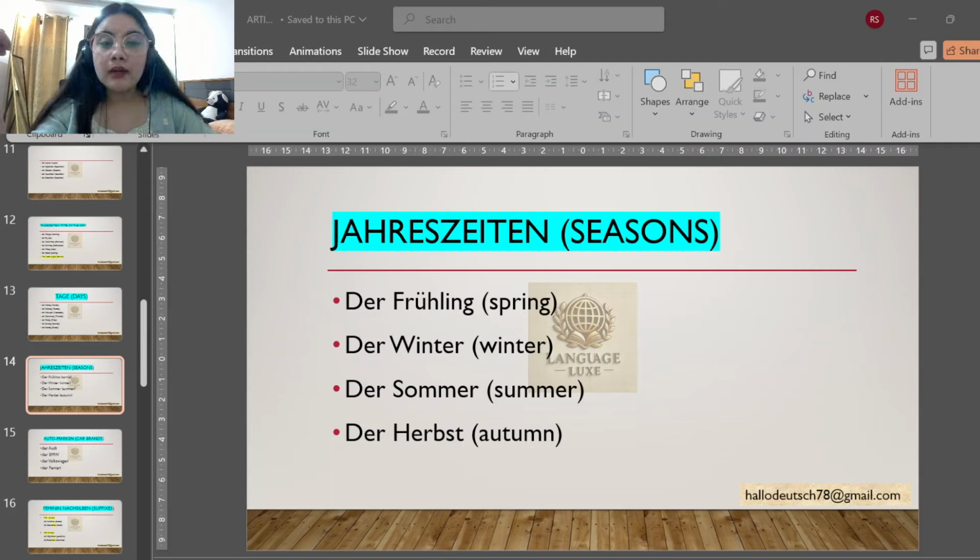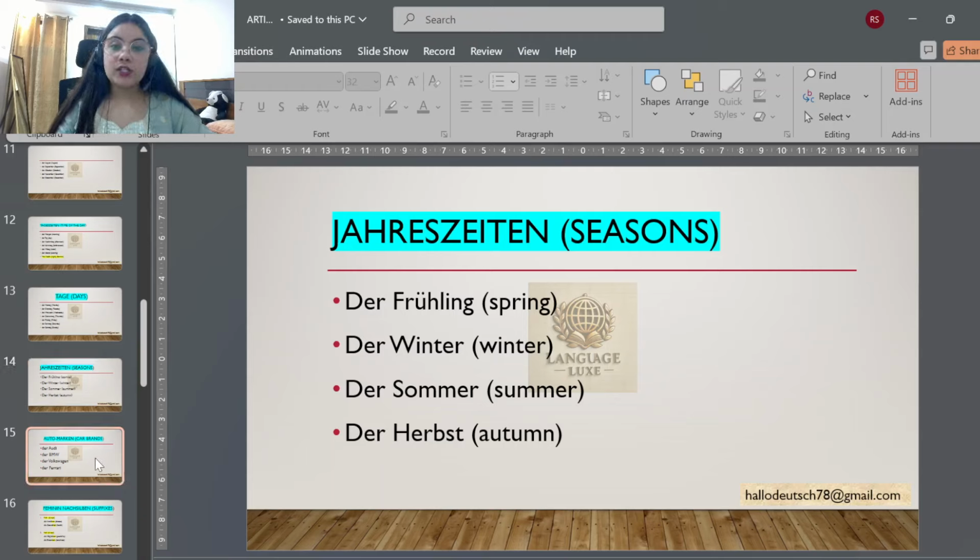Der Sommer is summer. Then comes der Herbst. Herbst is autumn season. So 4 seasons we have. These are masculine only: der Frühling, der Winter, der Sommer, and der Herbst. So seasons are also masculine in nature.